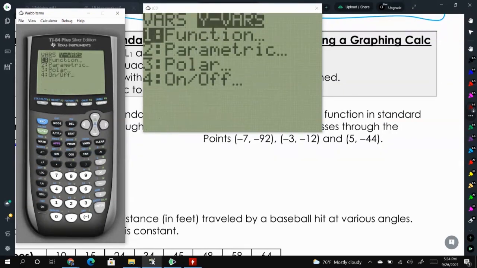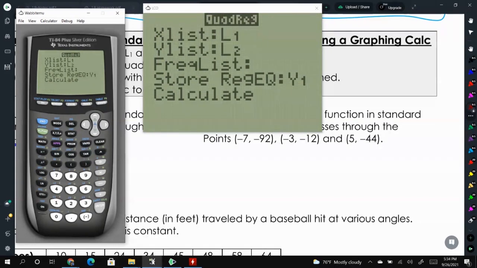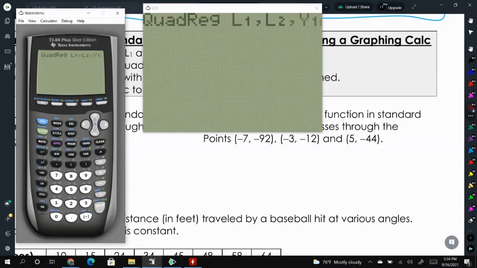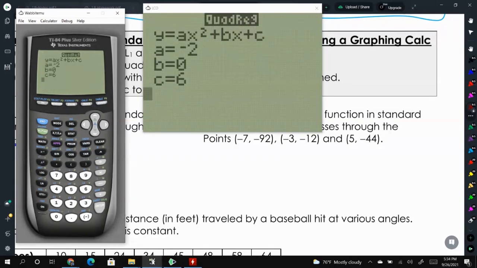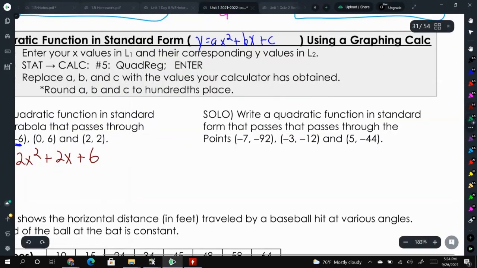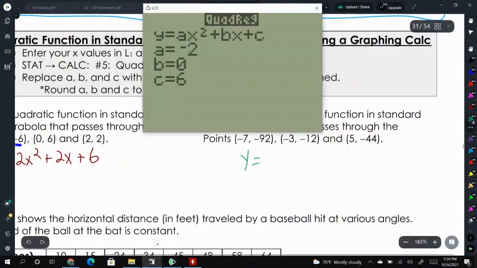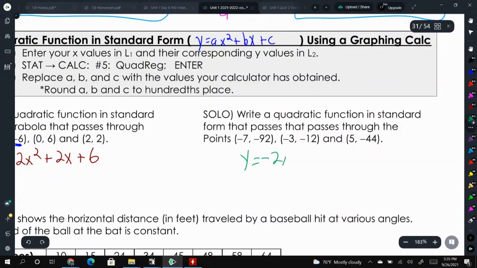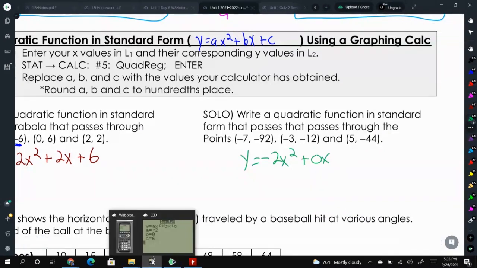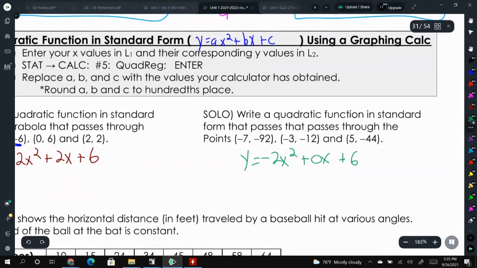And again, I just like to do this extra step. And we'll calculate. And there is our equation. I'm not going to go through and check it like I did on the other one because you guys get the idea. We have y equals negative 2x squared plus 0x plus 6.